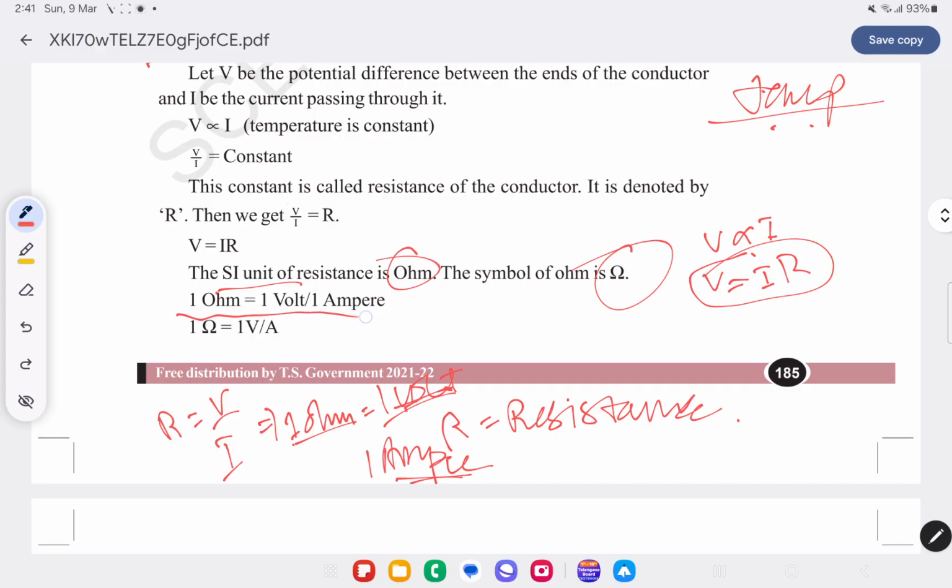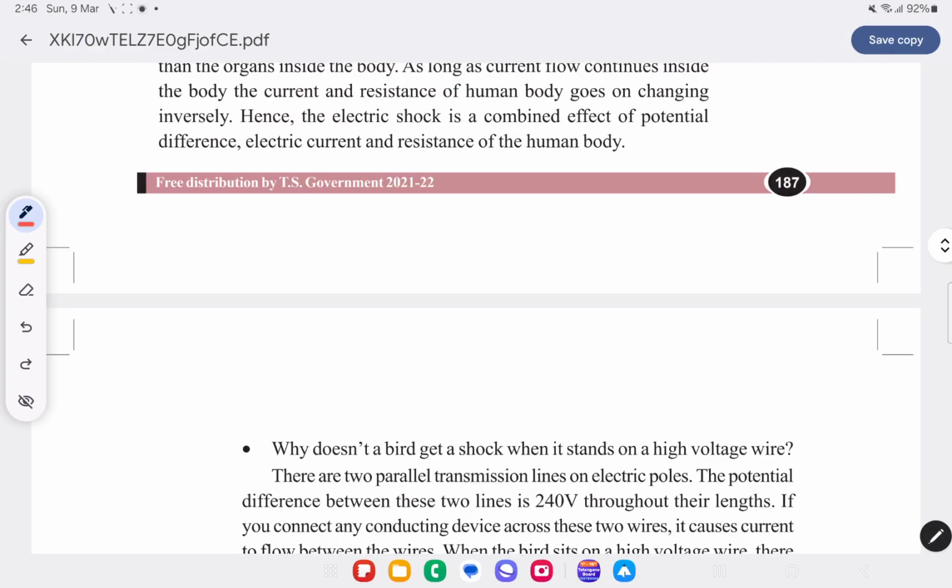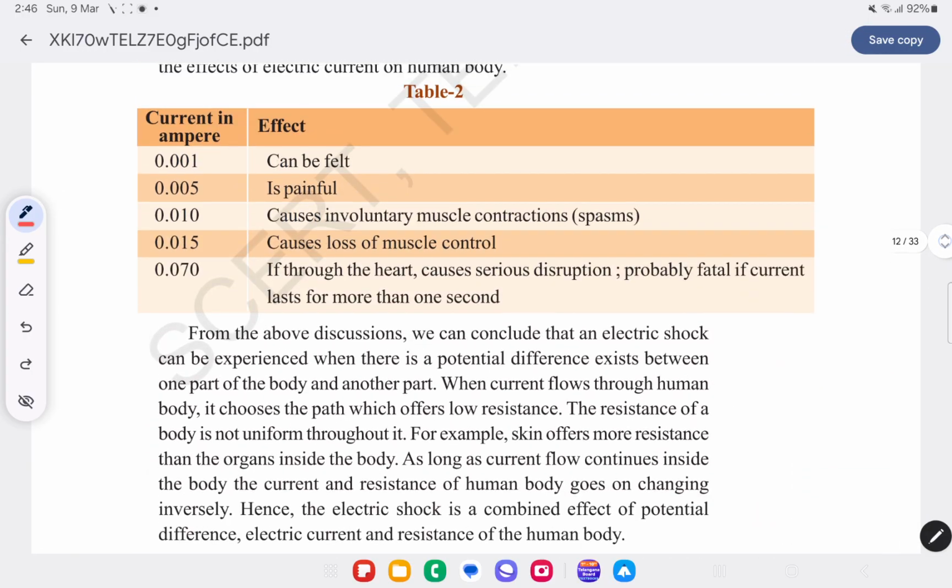That's what they gave you. 1 ohm is equal to 1 volt by 1 ampere. This also you should mention. Within this one topic you will get 3 questions. Clear up to this? Hope you have understood Ohm's law, all of it.